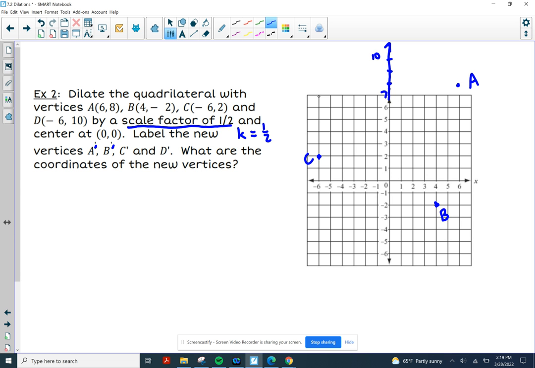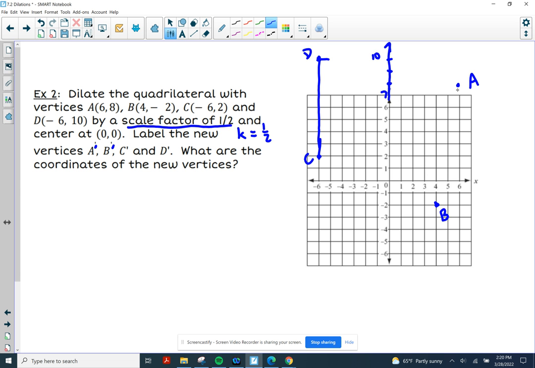So it's going to be straight above the point C. All right, we're up here at -6, 10. So there's our point D. So notice that CD is a vertical segment. And when we do the dilation, it should transform to another vertical segment.